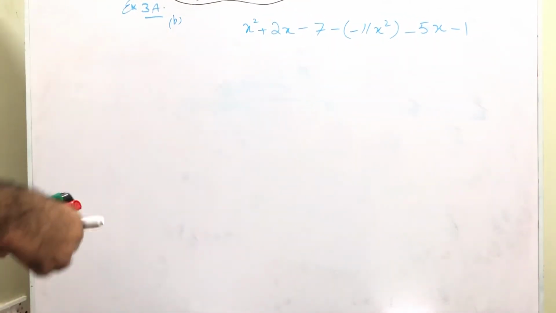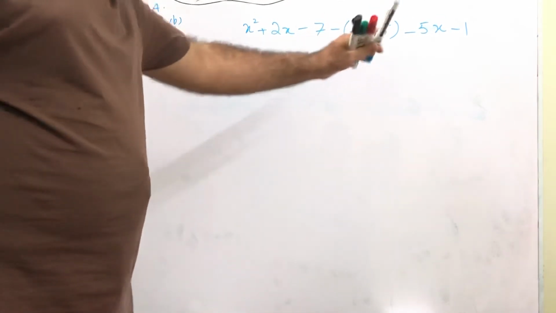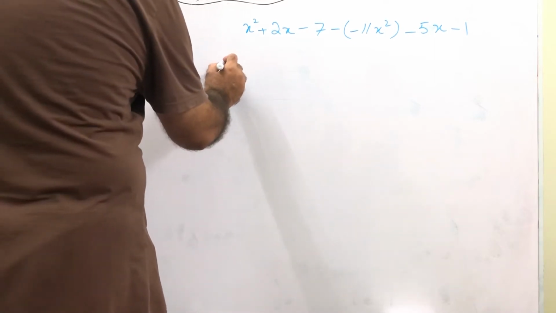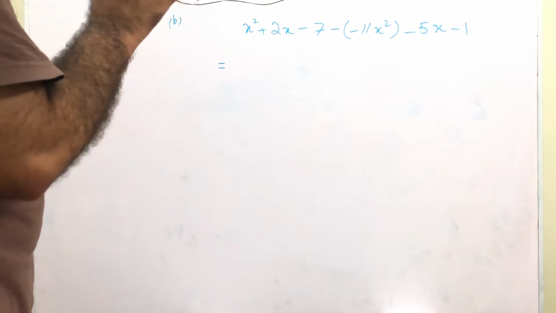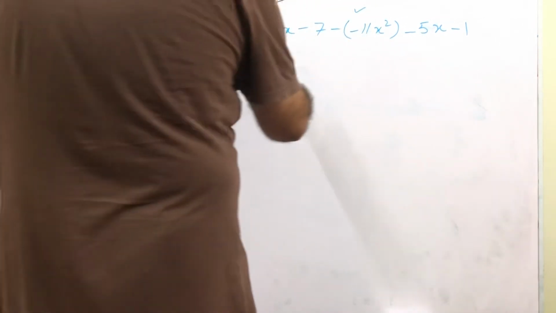So first thing is, this is an expression, this is not an equation, because we can't see the equality sign anywhere. So to start with, we can put an equal sign in the beginning. First of all, we will be opening this given bracket.